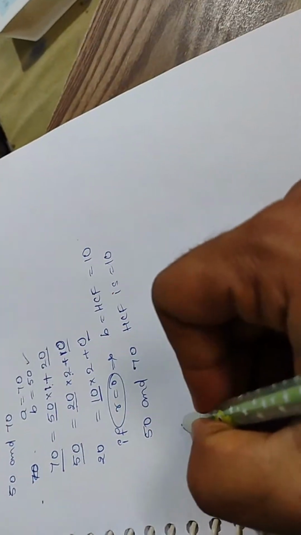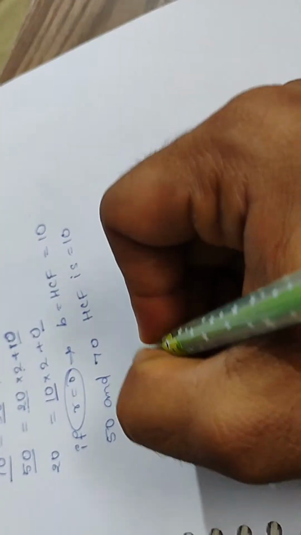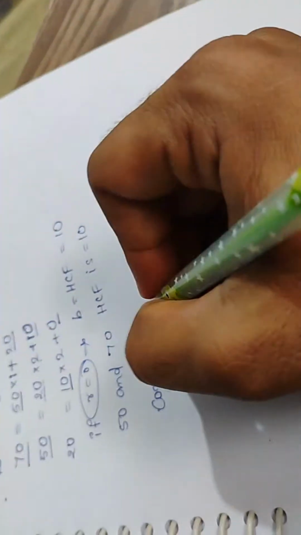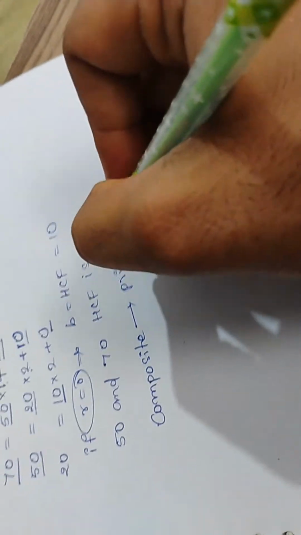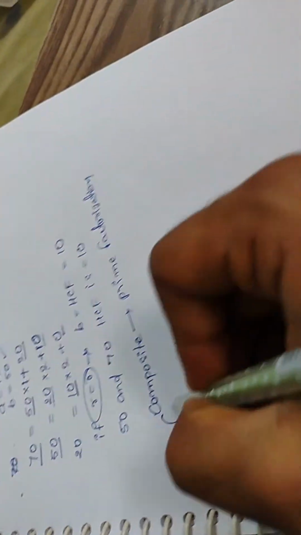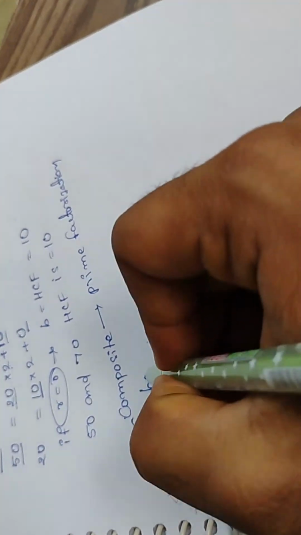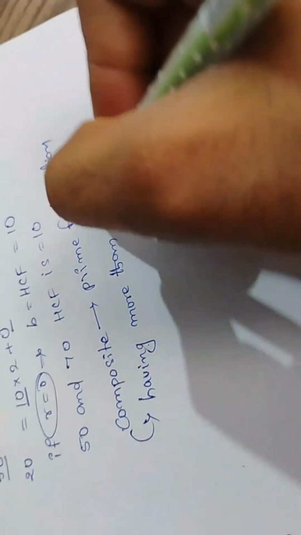Simple theorem, nothing more: any composite number can be written as a prime factorization. What is the meaning of composite number? Composite means having more than two factors.